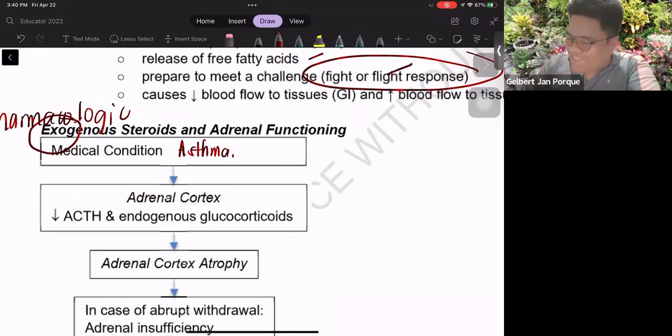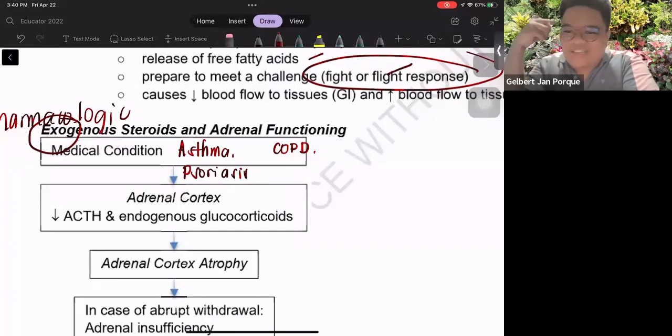Next, psoriasis. Next, COPD. Okay, we accept COPD. Sometimes steroids. Lupus, systemic lupus erythematosus. What else? What else? Arthritis. Oh, okay, arthritis. It can be used to decrease inflammation. Okay?